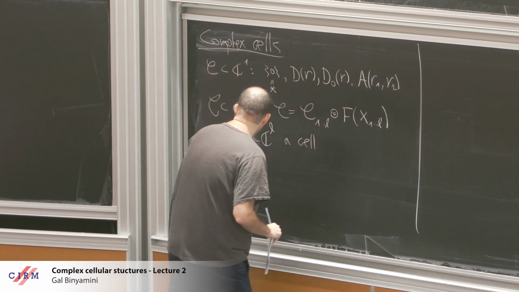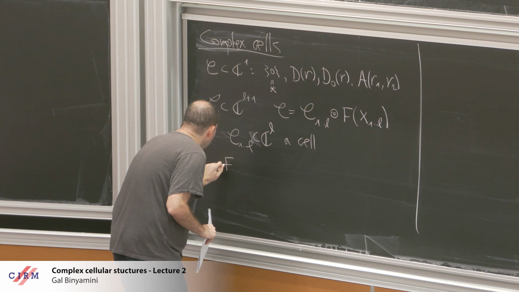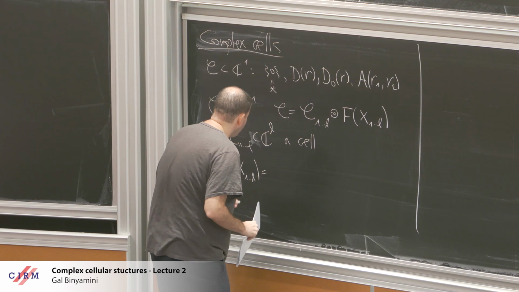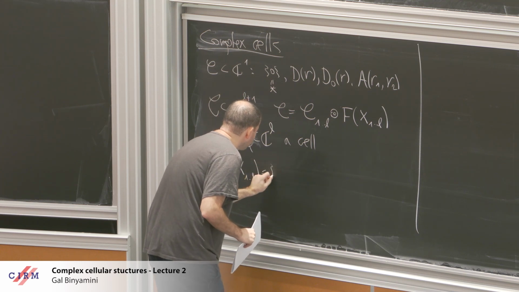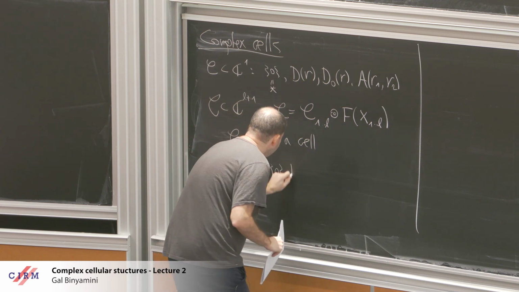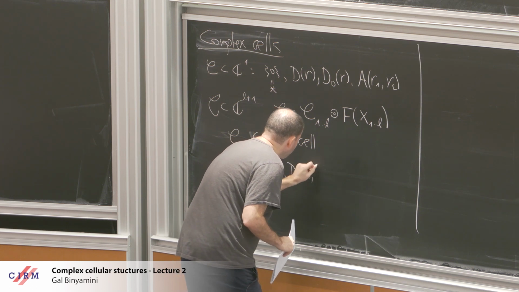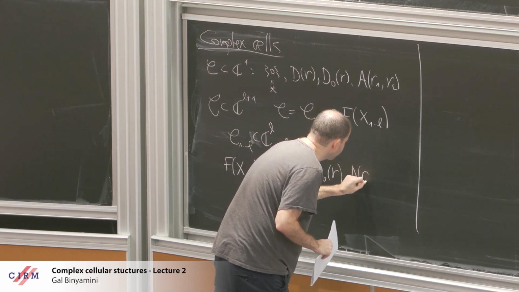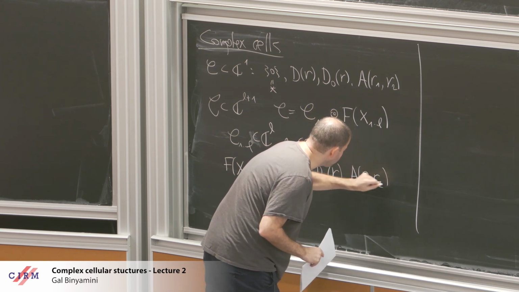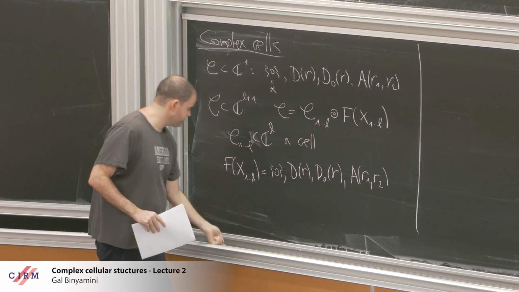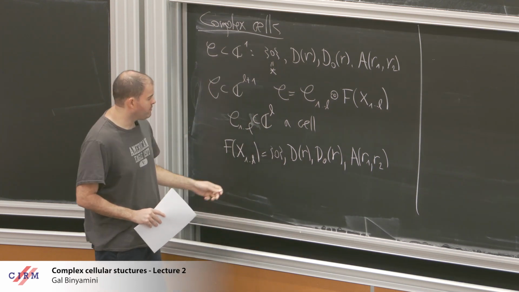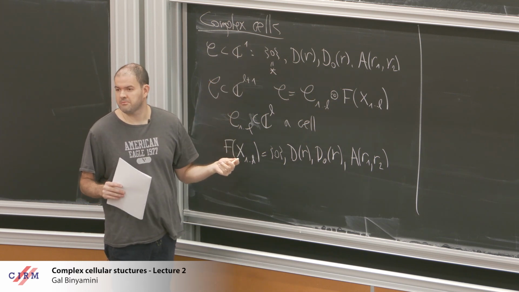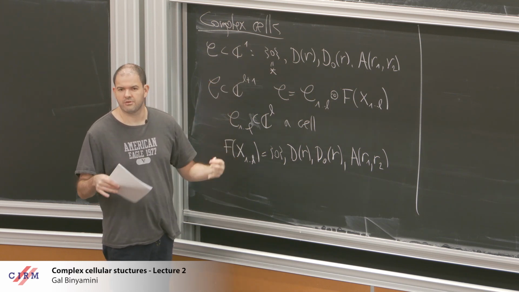And now this fiber should be one of these types. Okay, so it should be F of (X1 up to XL) should be either a point, a disk, a puncture disk, or an annulus. Okay, but the first difference. Before I said that the radii should be continuous definable functions. But now I'm trying to do everything in a complex setting.